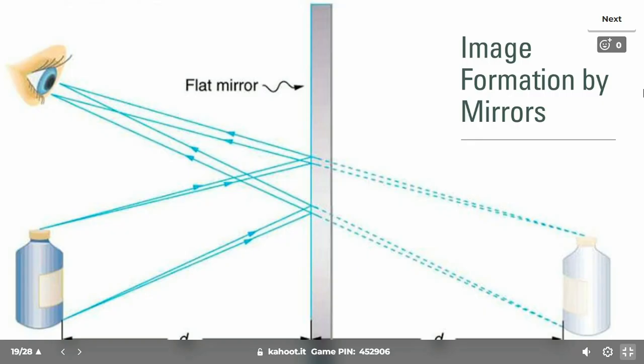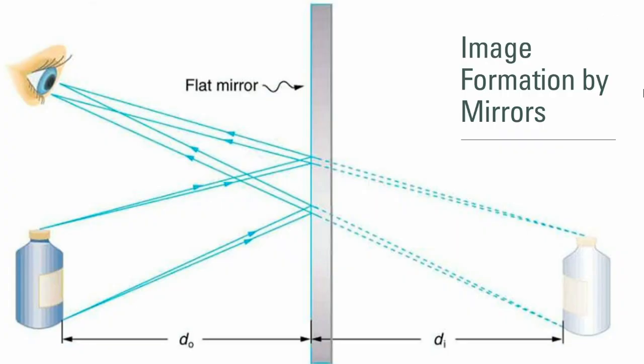You're probably most familiar with a flat mirror. So if you have some object in a flat mirror, the light coming from the object will bounce off the mirror and enter your eye, and then you'll use your backwards ray tracing to see the image back behind the mirror.